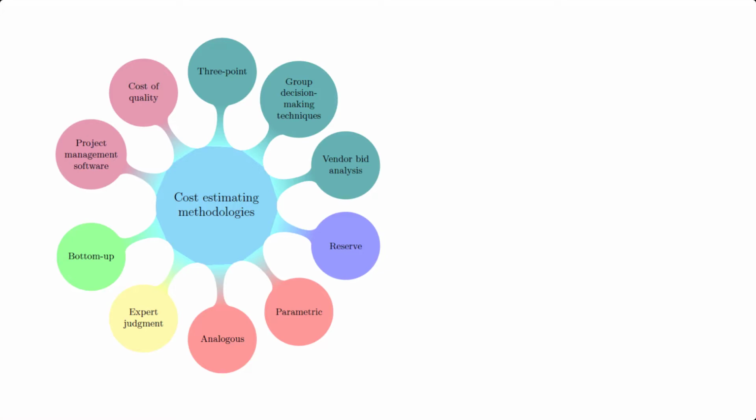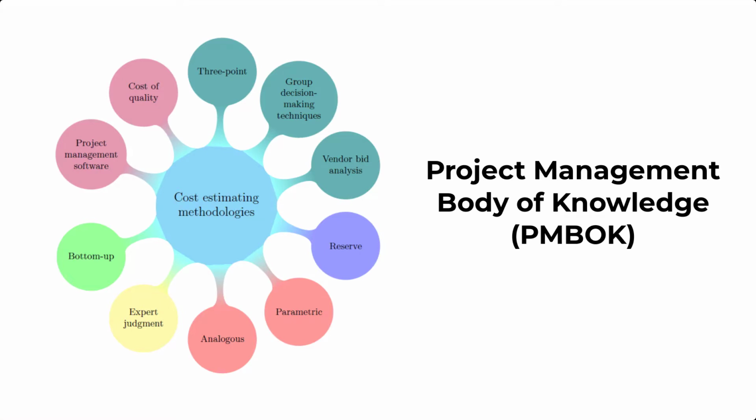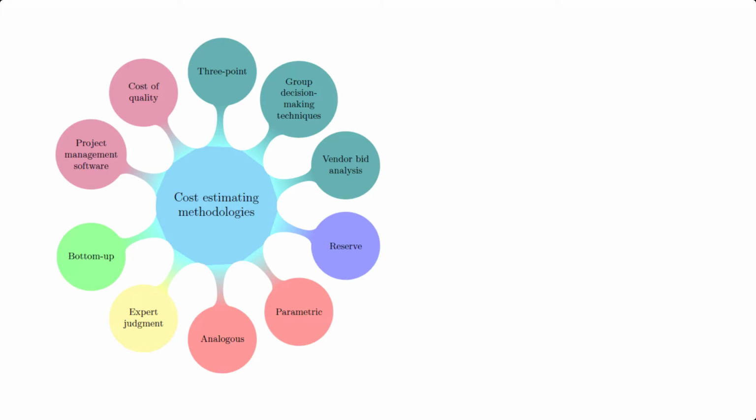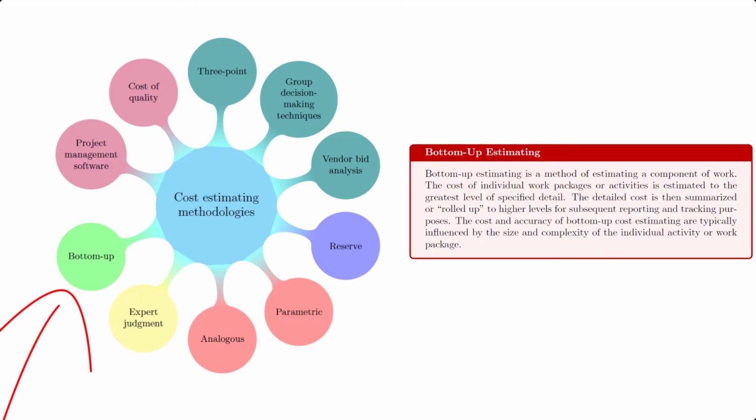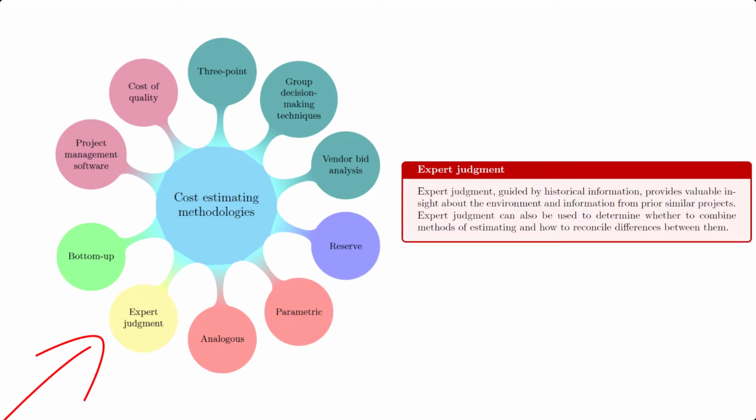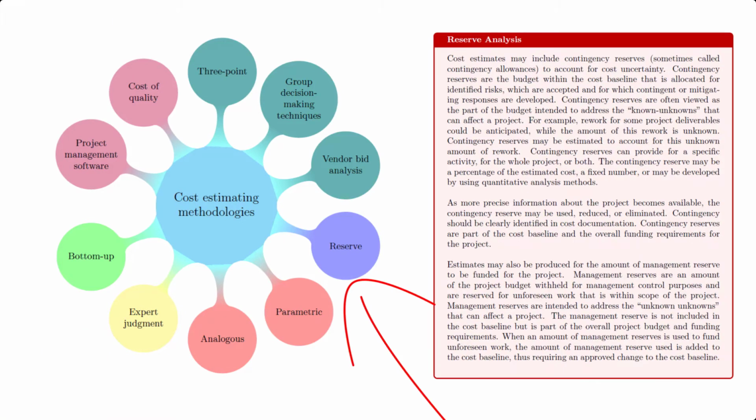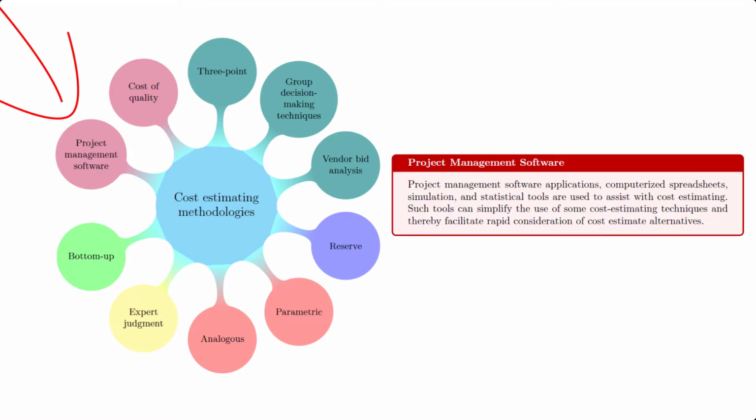So specifically, I will be using a subset of the 10 different methods from PMBOK, that's the Project Management Body of Knowledge, the industry's go-to source for best practice. So specifically, I'll be using the bottom-up approach, expert judgment, 3-point estimation, reserve, which specifically will be implemented using Monte Carlo simulation, and finally I'll be using project management software, which is just like implementation of the other methods with some software, and I will be using Excel.